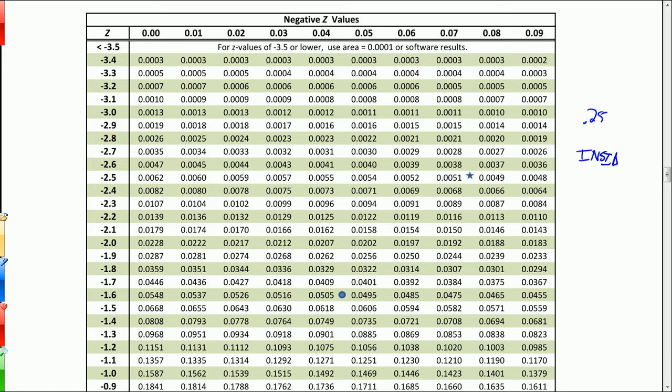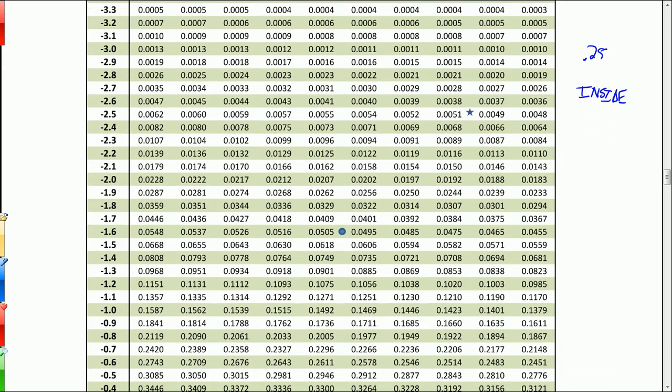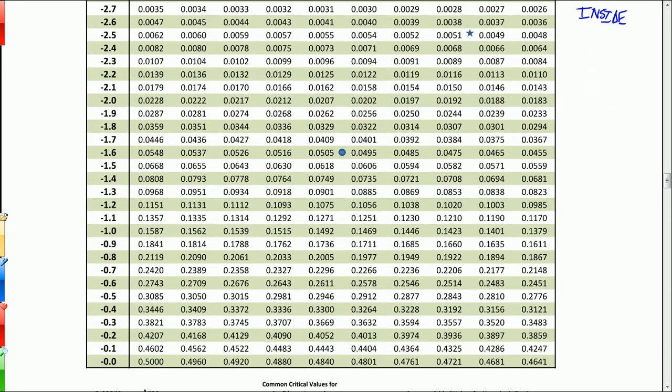Again, when you see all capitals, it means inside the table. Things are getting bigger, bigger, bigger. Looks like these two here straddle it. It's seldom that you'll actually find the number you're looking for, so you look for the closest one. And 0.2514 is the closest.